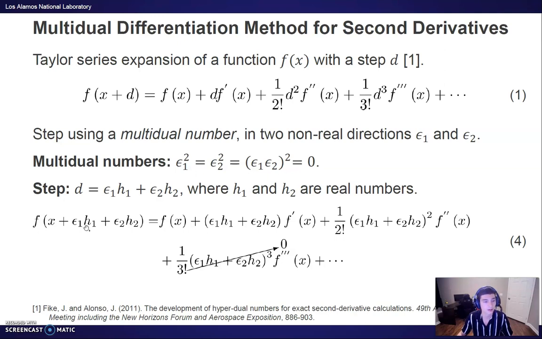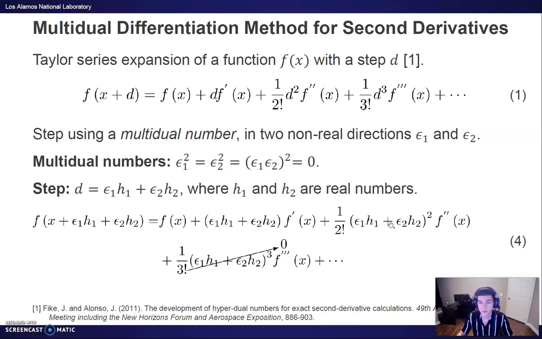So applying these two non-real steps to x gives a Taylor series expansion that truncates exactly at the second order derivative, since these higher order terms are 0, so they drop out.